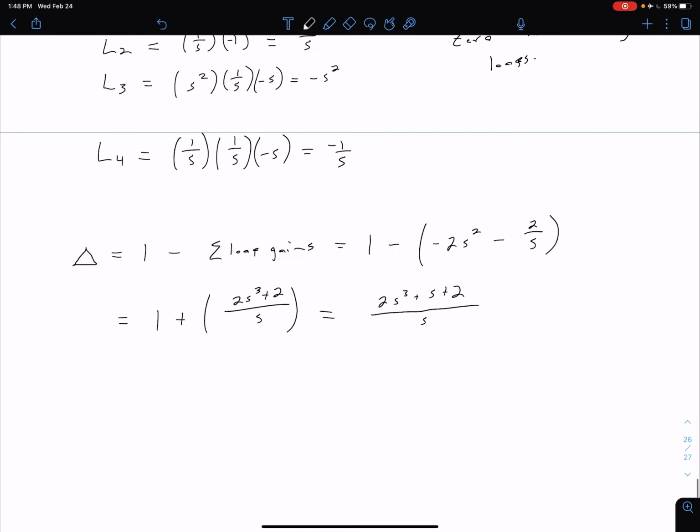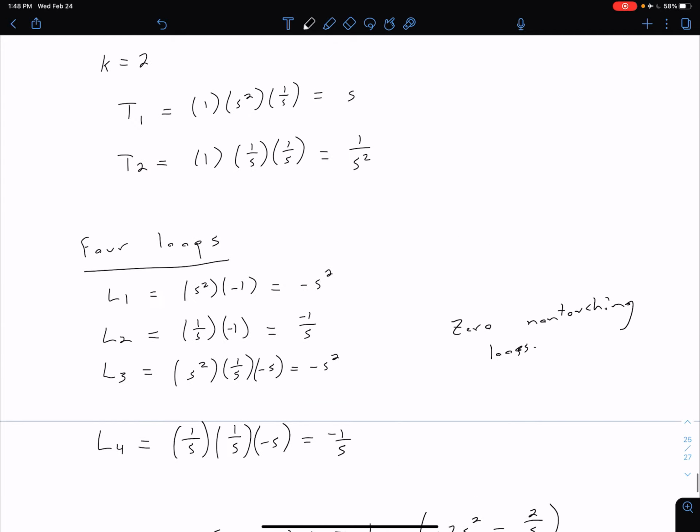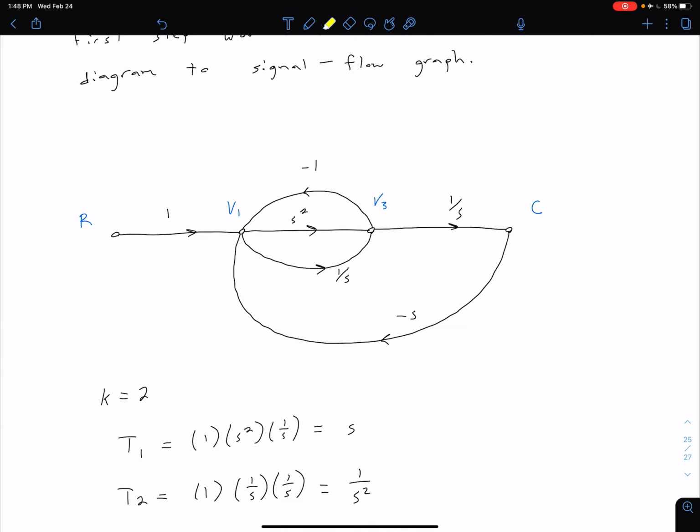So now we need to figure out what our delta 1 and our delta 2 are. For our delta 1, we want to consider our first forward path t1. We notice that t1 touches all 4 of those loops. And what we're going to see is that the same is true for our forward path t2.